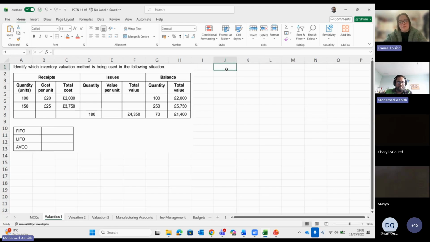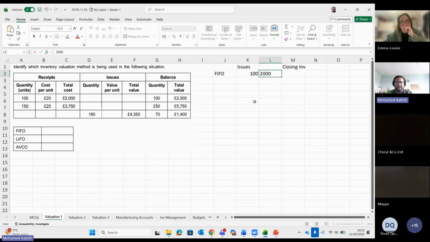So if I'm going to use the FIFO method, I'll show you how I'm going to approach this. Here I'm going to say FIFO, then my issues and my closing inventory. I need 180 items. I need the whole 100 from this stock, because that is my first in, first out.